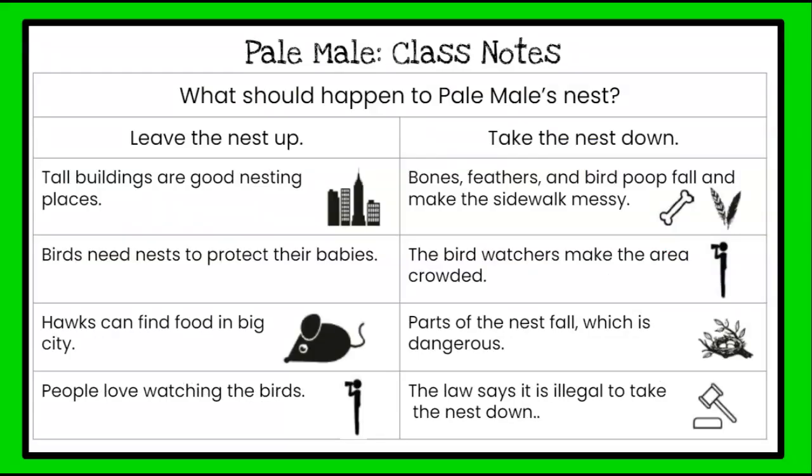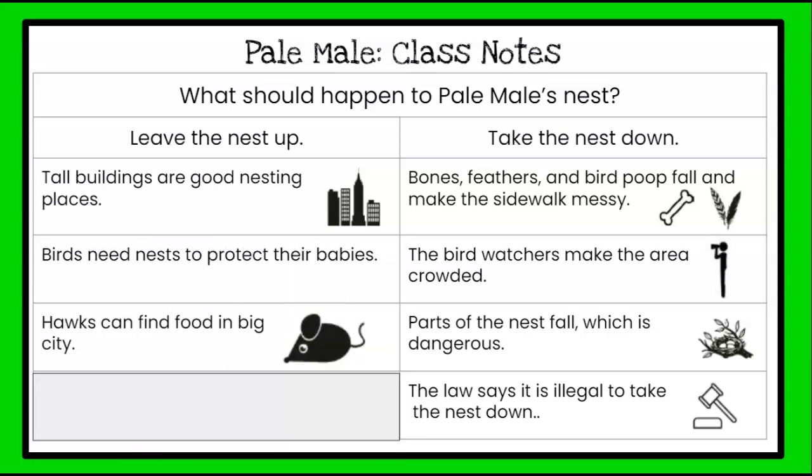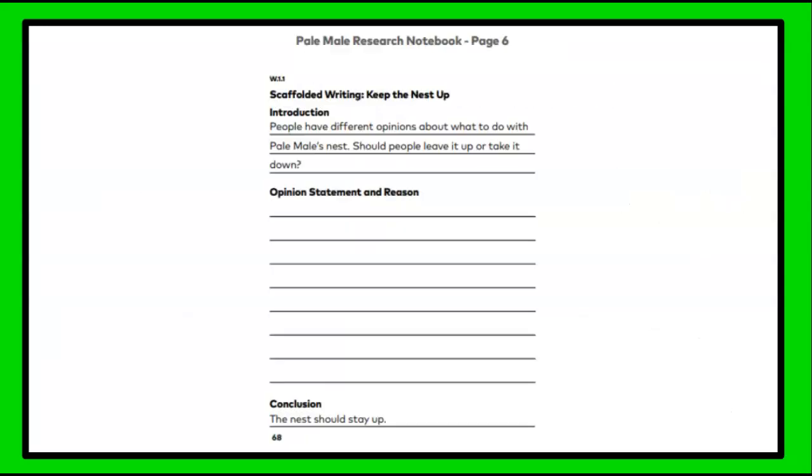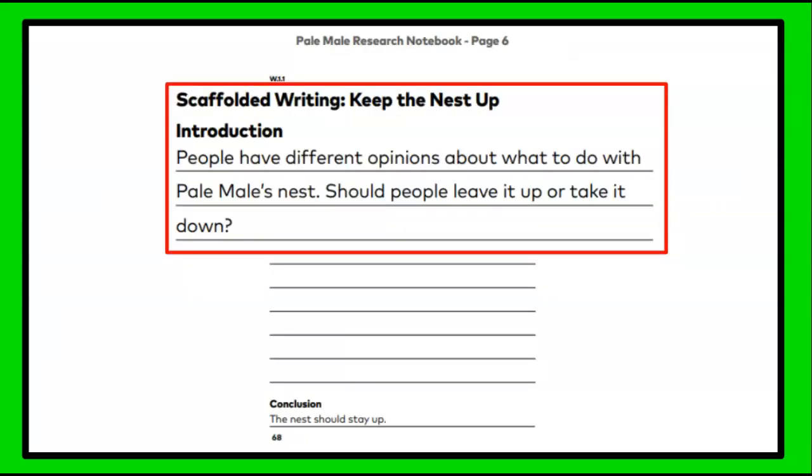Here is our class notes. We already used that one. You're going to be practicing a new reason to support leaving the nest up. People have different opinions about what to do with Pale Male's nest. Should people leave it up or take it down?